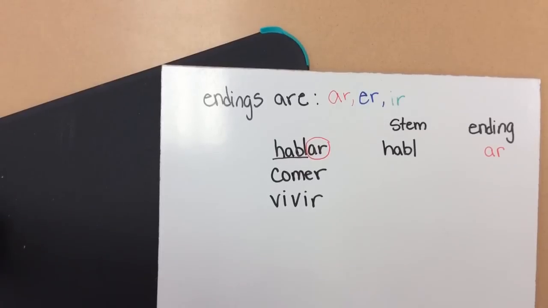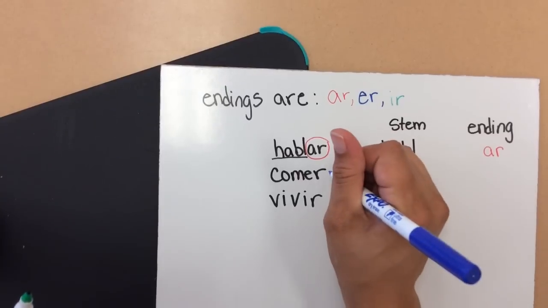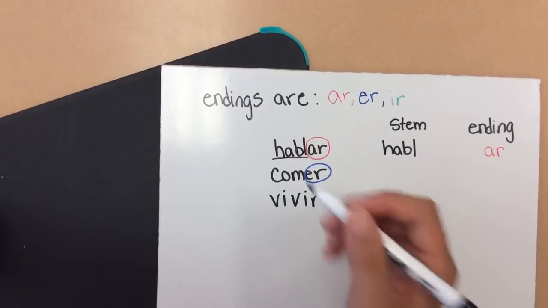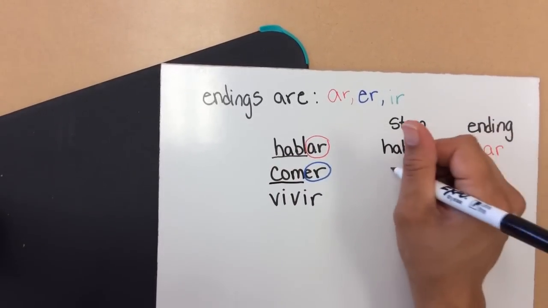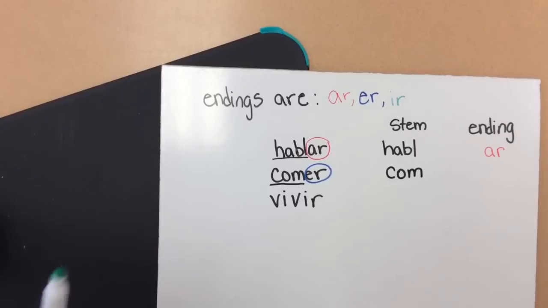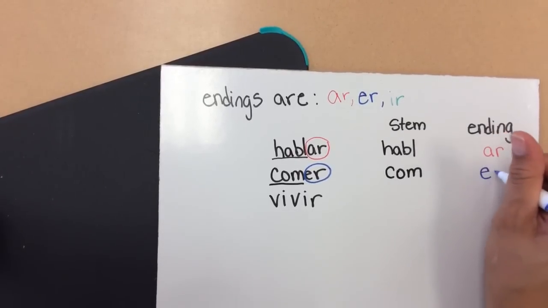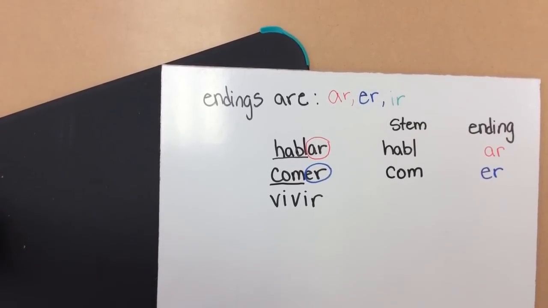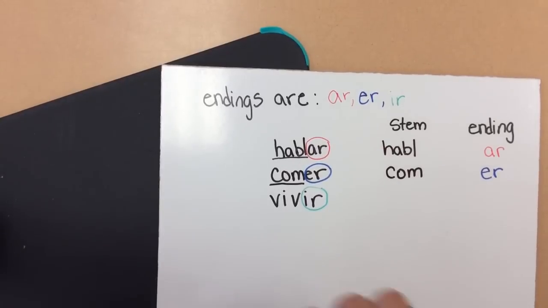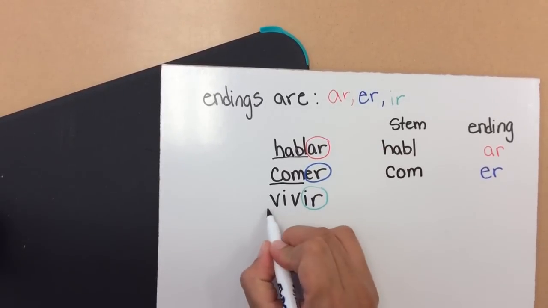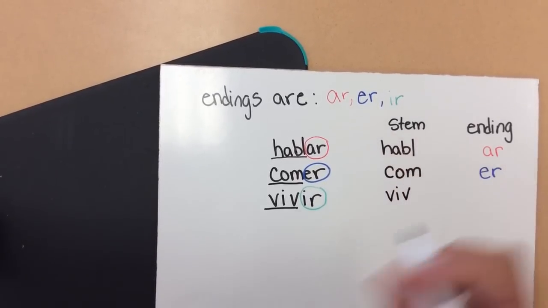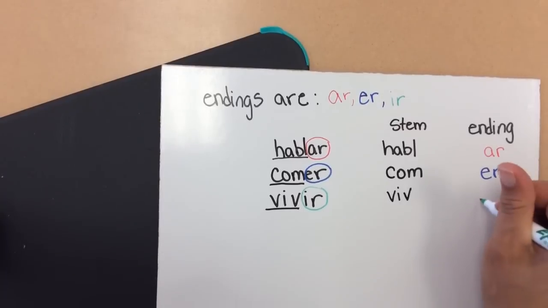On comer, our ending is ER, leaving our stem, which is com. So our stem is C-O-M, com, and our ending is ER. On vivir, our ending is ir, or IR, and the stem is viv. So you have viv and ir is your ending.